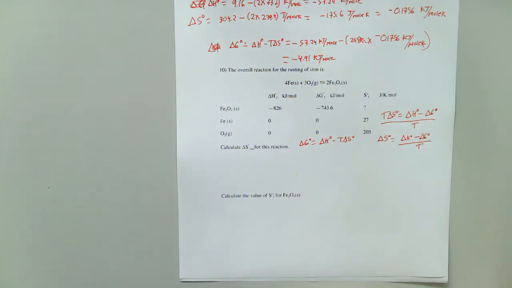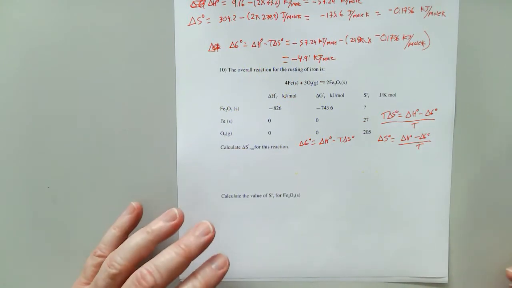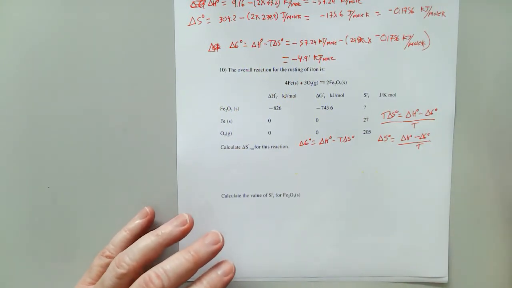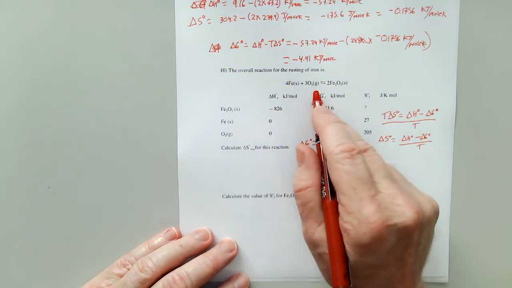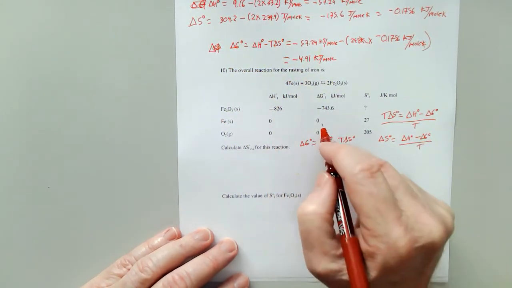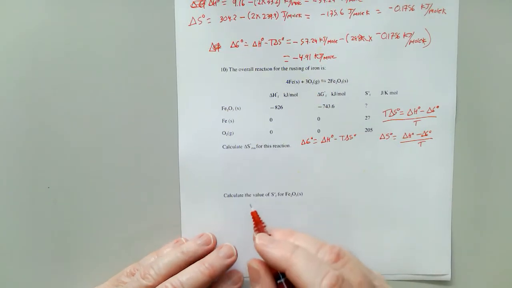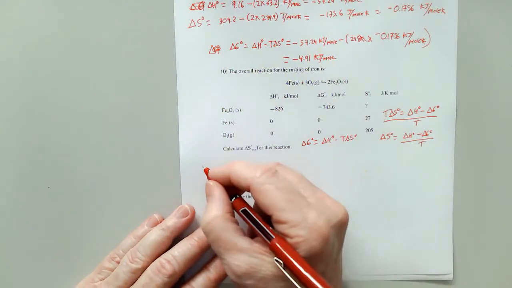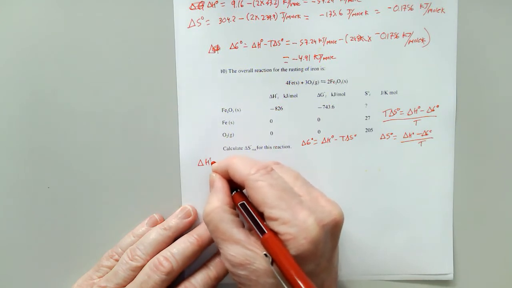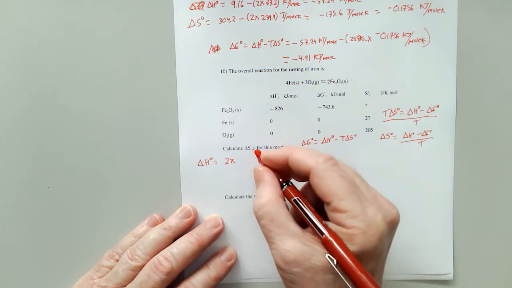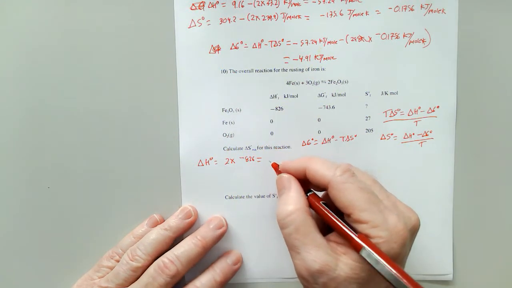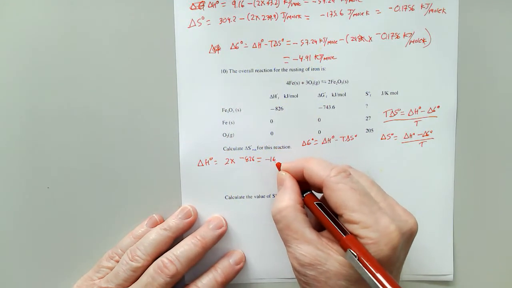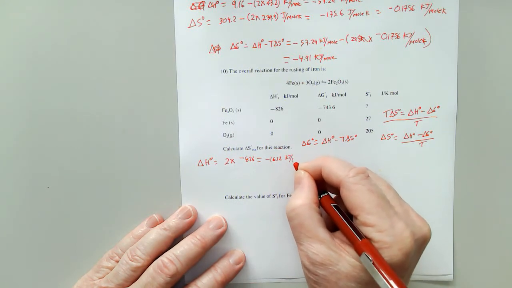Okay, now I'm going to need the delta H and the delta G for both of these. I can get those products minus reactants, and it turns out these are both species that are in their natural states, which means their values are 0. Okay, so I'm really just concerned with the product here. Delta H naught equals 2 times negative 826, which equals negative 1652 kilojoules per mole.